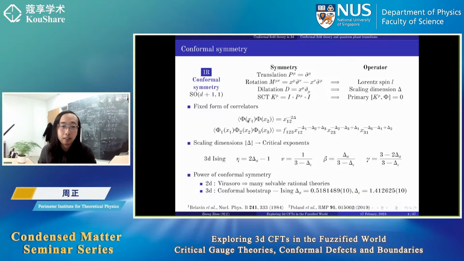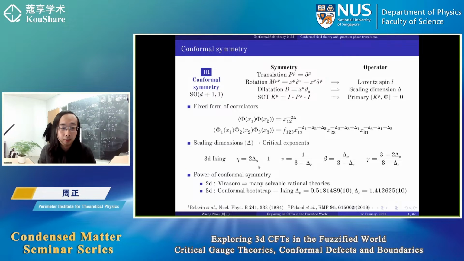The 2-point and 3-point functions of these primaries are fixed to be power laws, and the power is determined by the scaling dimensions of the operators. In the context of phase transitions, the scaling dimensions also give us the critical exponents. For example, in the 3D Ising model, most of the critical exponents are given by the scaling dimensions of the two lowest operators, the Z2-even epsilon and the Z2-odd sigma.